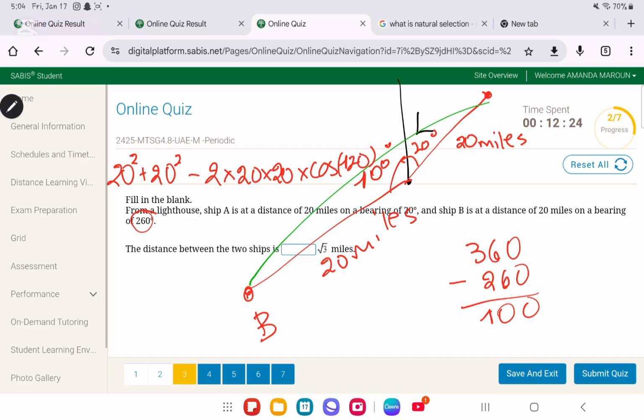So 20 squared plus 20 squared minus 2 times 20 times 20 times cosine 120, and we are going to get 1200. But remember, this is squared, so we need to do the square root of 1200, and we are going to get 20 radical 3 as our answer.